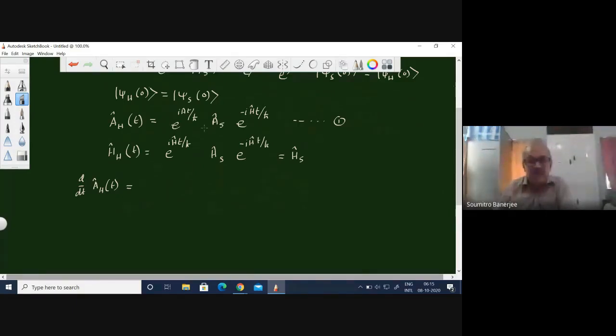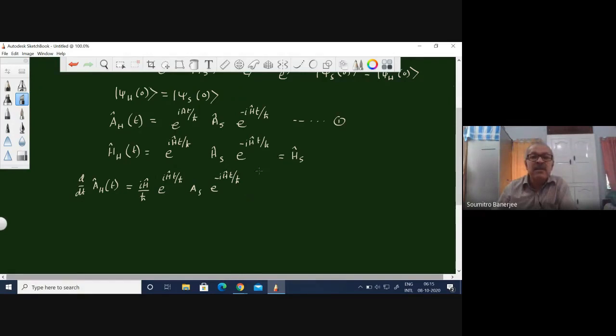It has three terms, so there will be three added quantities in the derivative. First, let us take the derivative of the first exponential and keep the rest as it is. So it is i H operator by h cross, then the rest remains the same: e to the power i H t by h cross, A S, e to the power minus i H t by h cross. Okay, the first term differentiation is done.